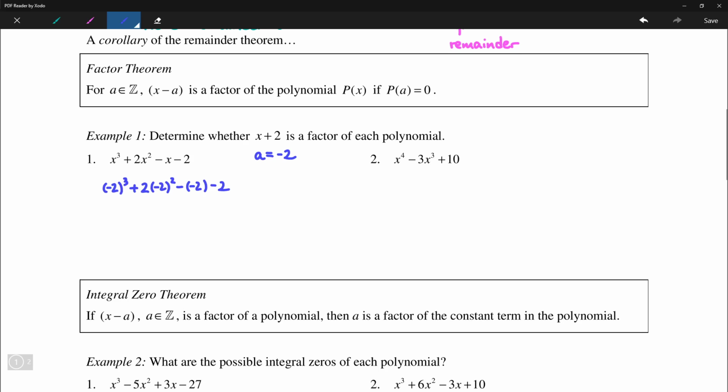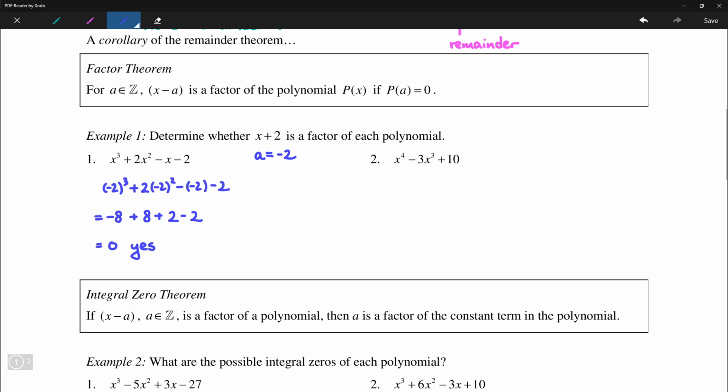So that will give us, of course, negative 8 plus 8 plus 2 minus 2, which will be equal to 0. And so this is yes for x plus 2 being a factor. Now, again, we don't know what the quotient is, but we can find that out by using synthetic division.